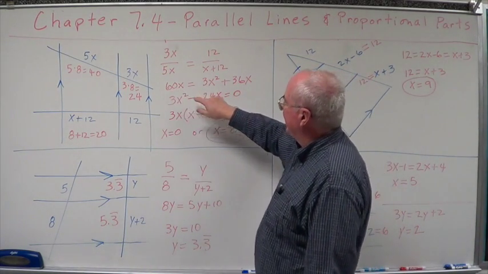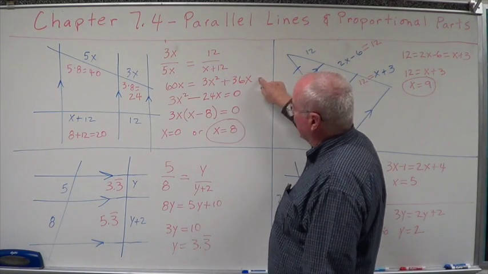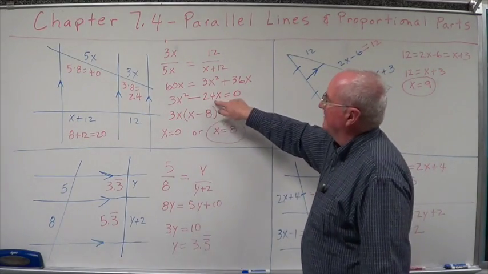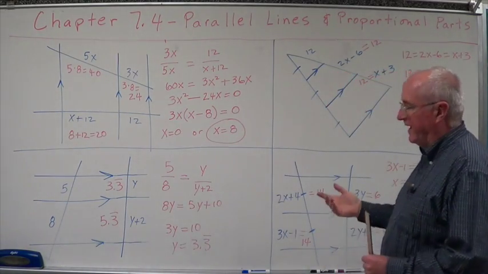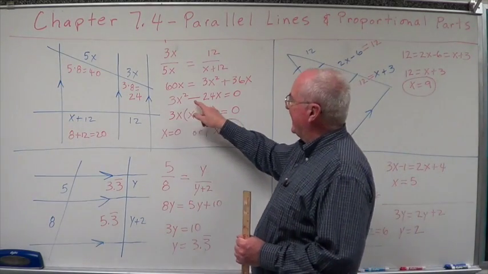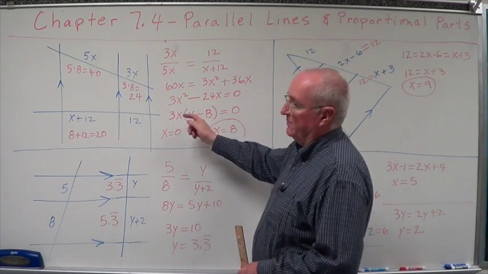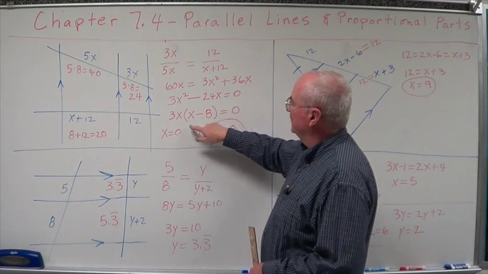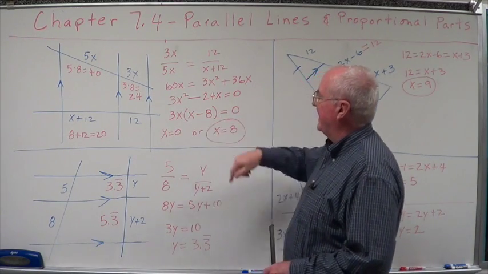So we take 60x, subtract it from 36x, and we get a negative 24x. Now, doing a little bit of algebra manipulation, we can distribute out 3x. When we do that, we're left with x minus 8.